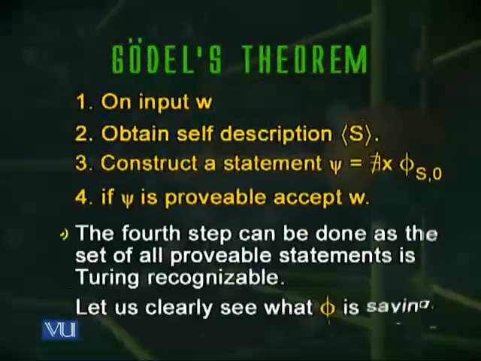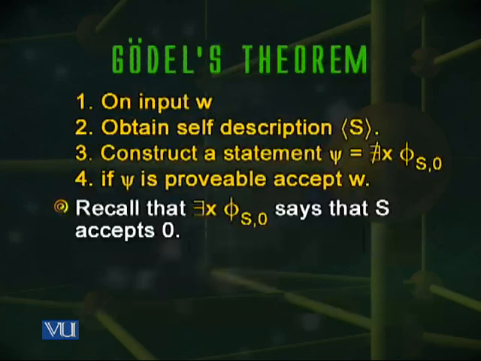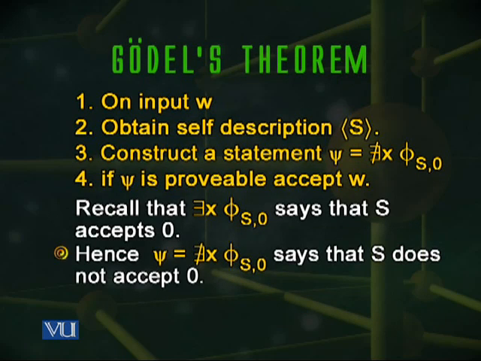Let's analyze what exactly this program is doing. The fourth step of this program can be done as the set of all provable statements is Turing recognizable. Let's clearly see what phi is saying. Recall that there exists phi s, 0 says that s accepts 0. Hence, psi says that s does not accept 0. So, psi is saying s does not accept this statement.